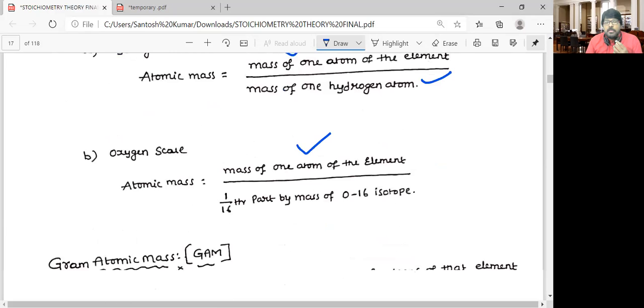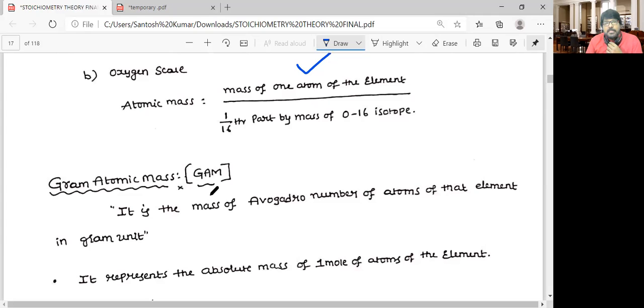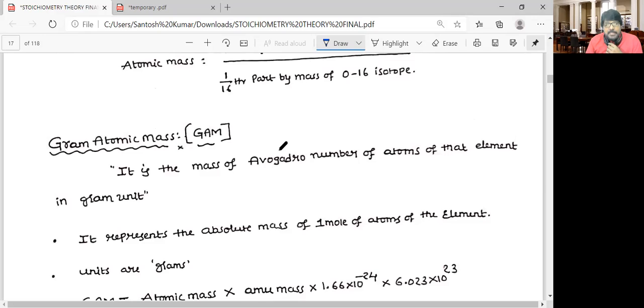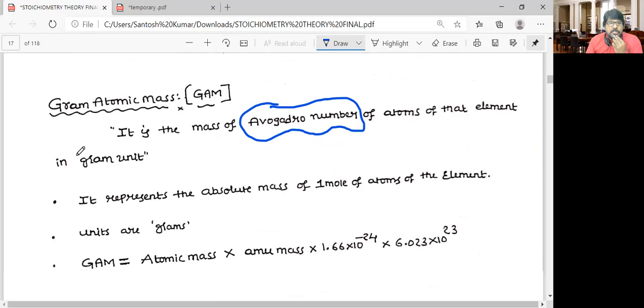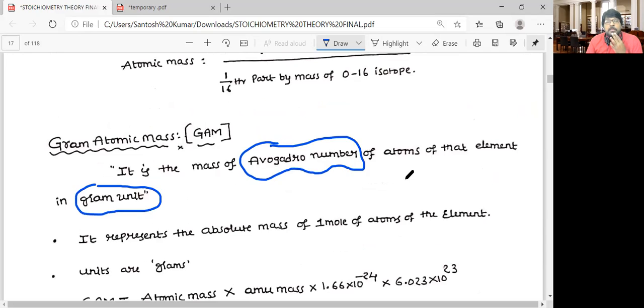Now we have another term, that is gram atomic mass. It is the mass not of a single atom, it is the mass of Avogadro number of atoms expressed in grams.